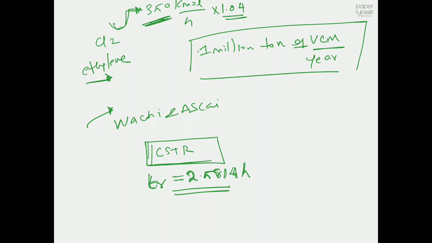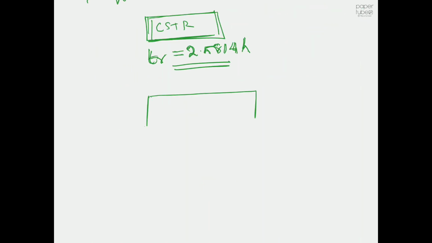I will tell you in Aspen HYSYS how to do that. In the plug flow reactor, the residence time should be equal to 0.09 hours, and the length to diameter ratio should be equal to 1.5. We get this information from the literature.